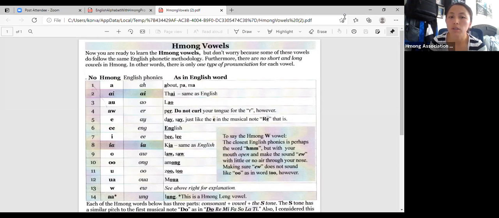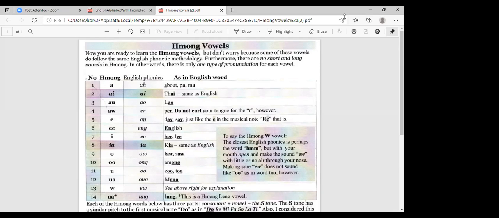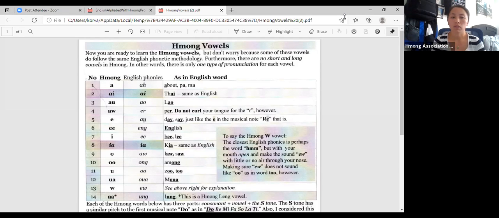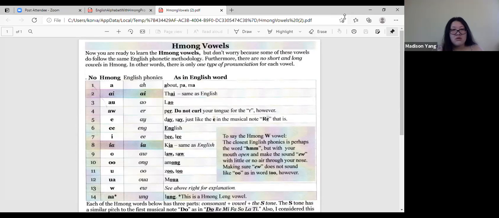So who could tell me what number is that? Can you guys tell me what number it is? Tu, ginia, tu. What number vowel is that supposed to be?